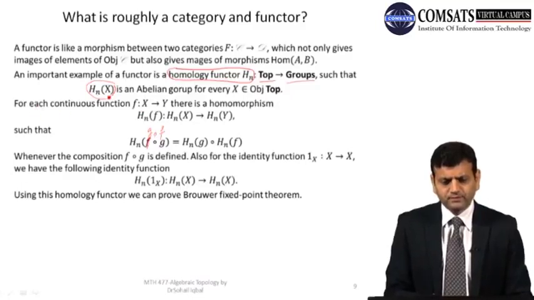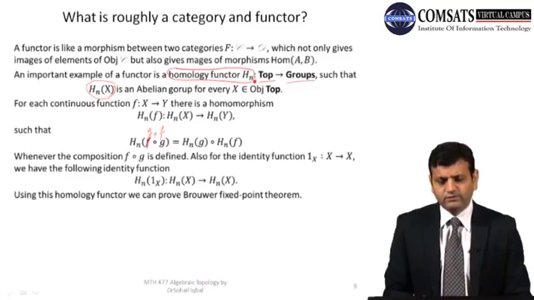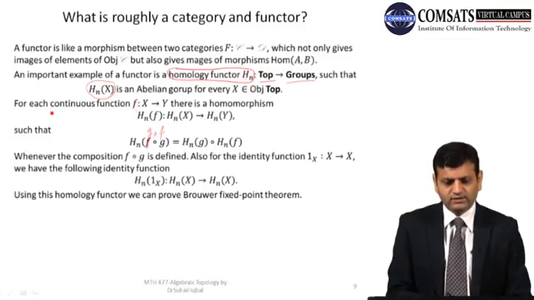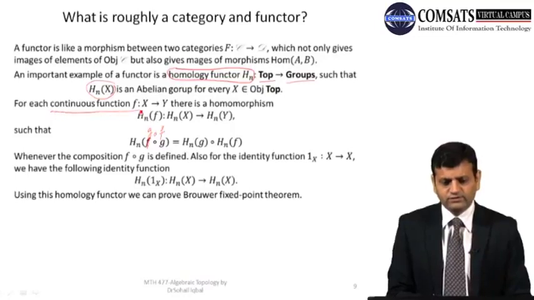Now that's how we take images of the objects, but it's a functor between categories, and a category has three components: objects, morphisms and compositions. So it should also give me images of the morphisms. In this case the morphisms are continuous functions.